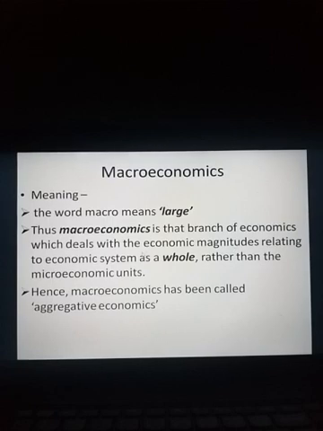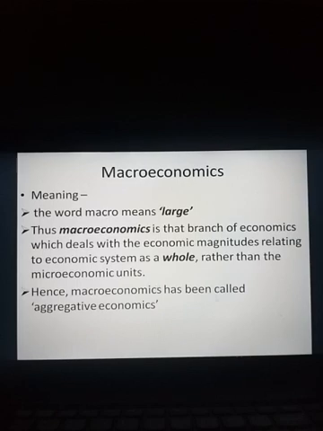I repeat, economic magnitudes. You have to focus on this word. Economic magnitudes relating to the economic system as a whole rather than the microeconomic units. When I say microeconomic units, obviously it is microeconomics. We are talking about economic magnitudes relating to the economic system as a whole.